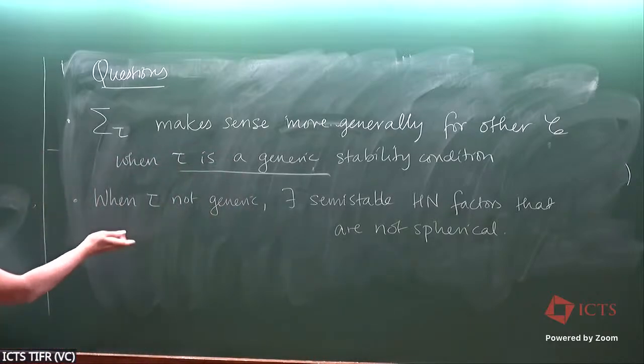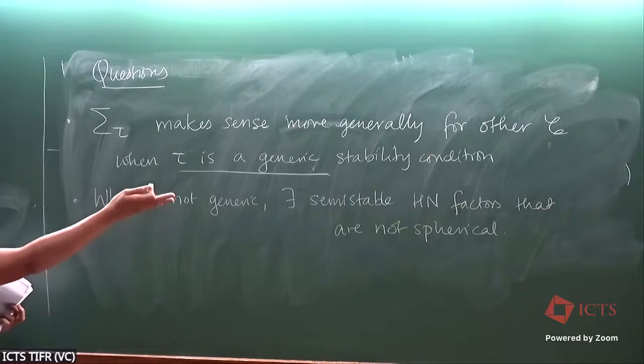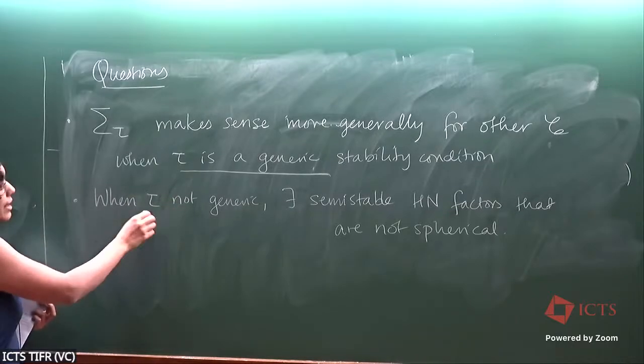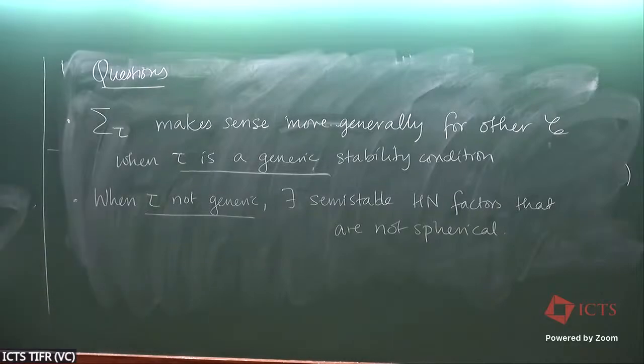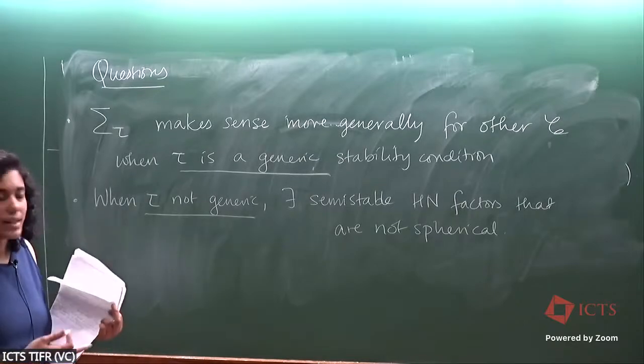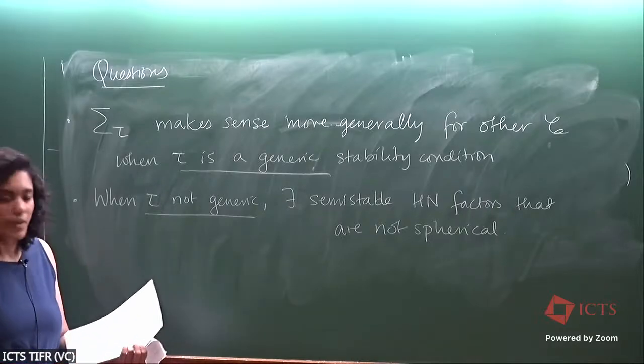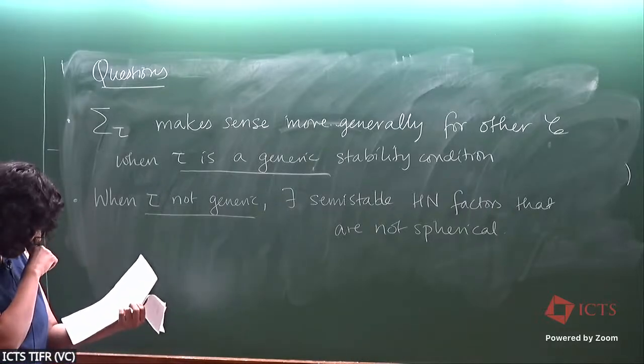In the type A story, we really needed to use the non-generic stability conditions. That's what made the theorem work, because you go from one generic stability condition to another by deforming and passing through a wall. So you need to understand the wall. That's the roadblock at the moment for more general situations.